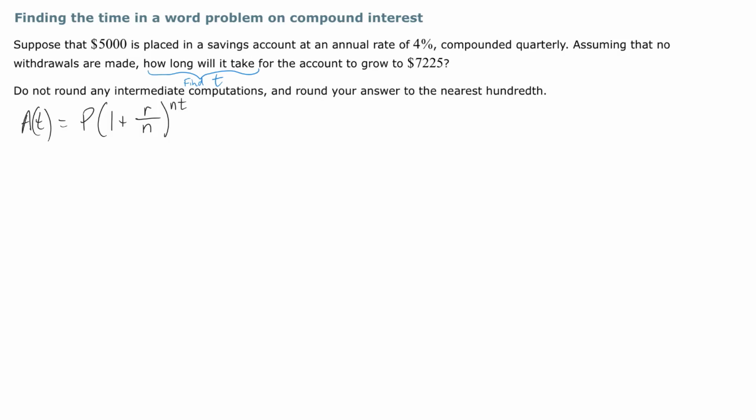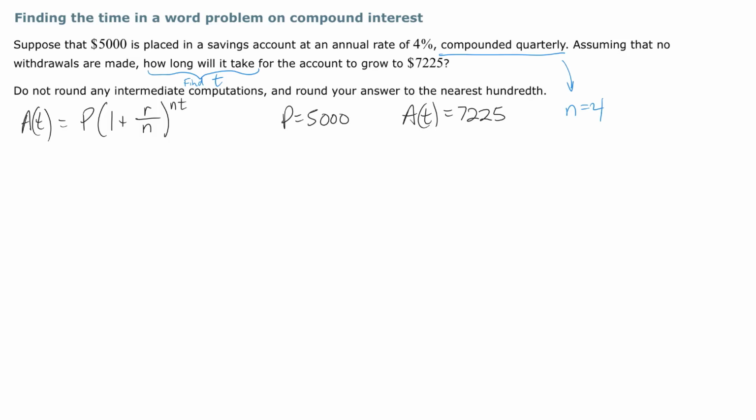The answer is yes. We have P right away. We know that P is $5,000. What's the amount that you want to gain? We know A of t is going to be 7,225. Do we know n? We also know n. Compounded quarterly means n is 4 times a year.